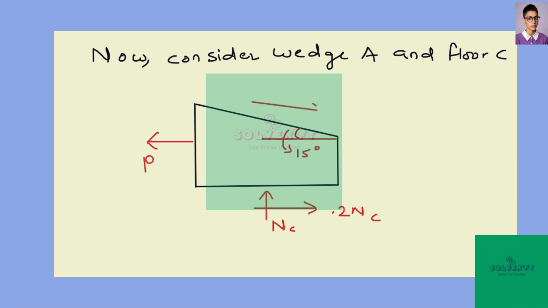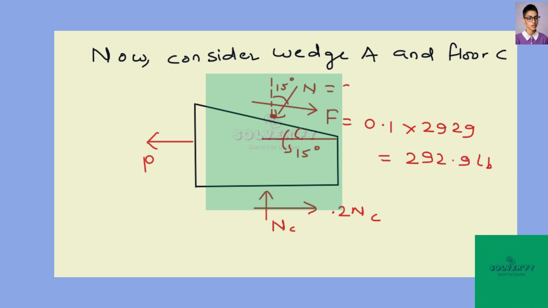Here it is P, and here F is equal to 0.1 into 2929, which is 292.9 lb. Now going further, this angle is 15 degrees, and this N is equal to 2929 lb.